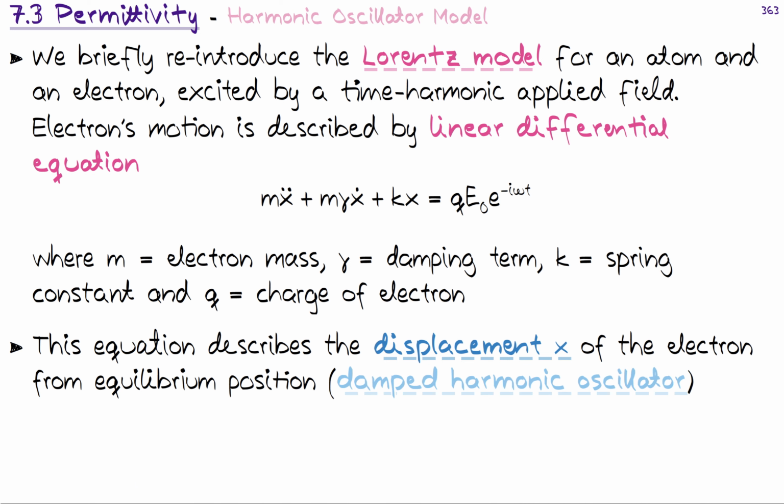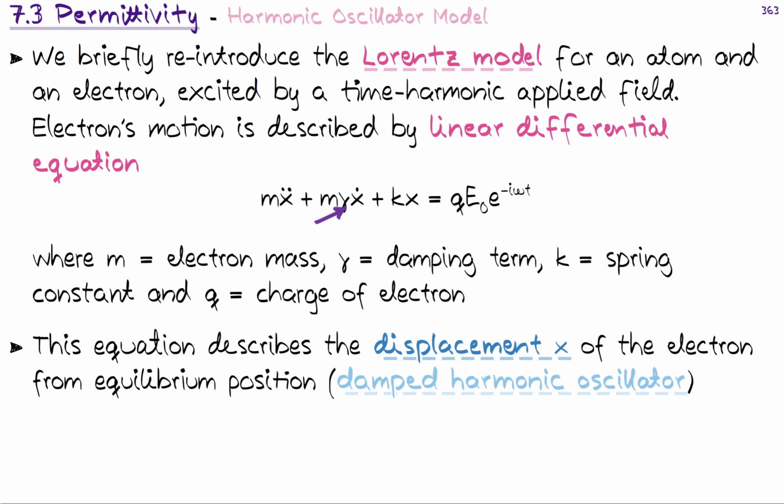And please note, this is a damped harmonic oscillator, so we have the damping term here. Physically, this corresponds to the fact that if we have a driving field, it puts the electron into motion, and when we turn off the driving field, the incident electric field, this term ensures that once enough time has passed, the electron stops oscillating.